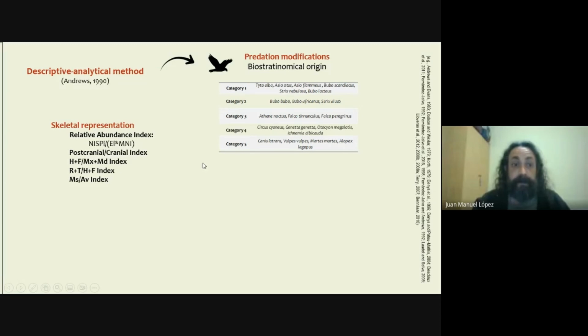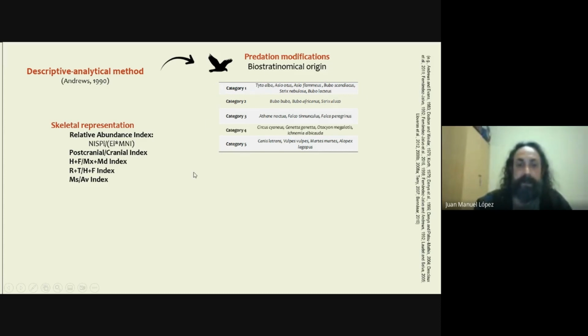In the study of taphonomy, the discipline that is dedicated to knowing how these small mammals arrive at archaeological or paleontological sites, they divide into different categories in relation to the kind of predator.